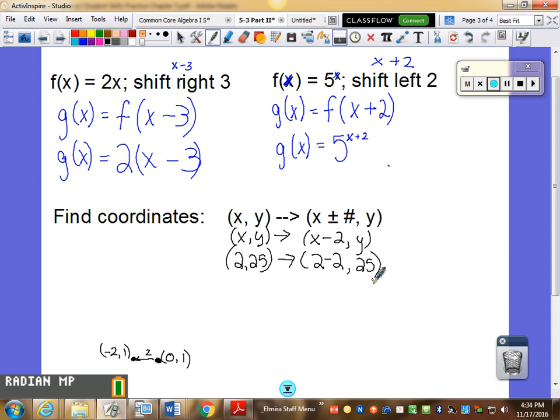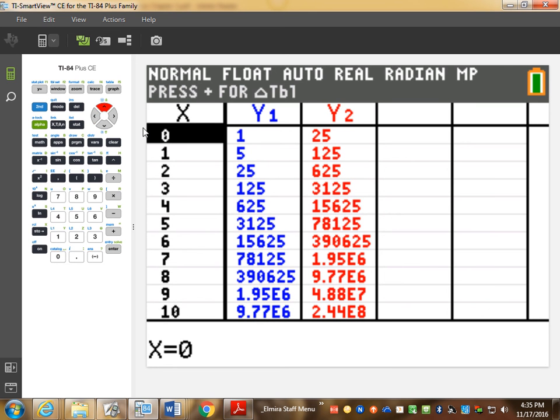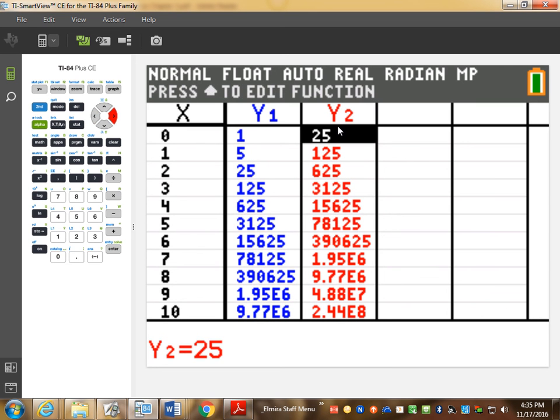So (2, 25) would become (0, 25). Let's just check that. Yep, (0, 25).